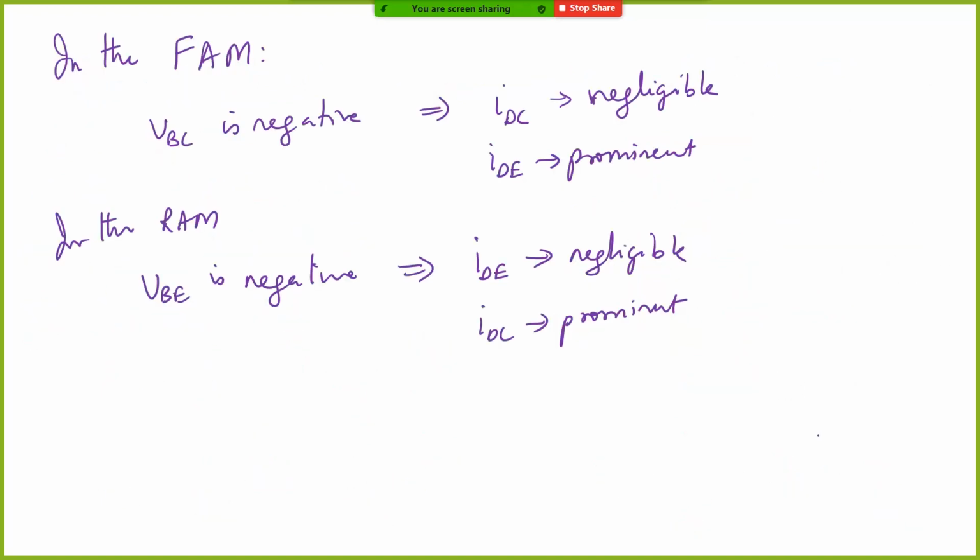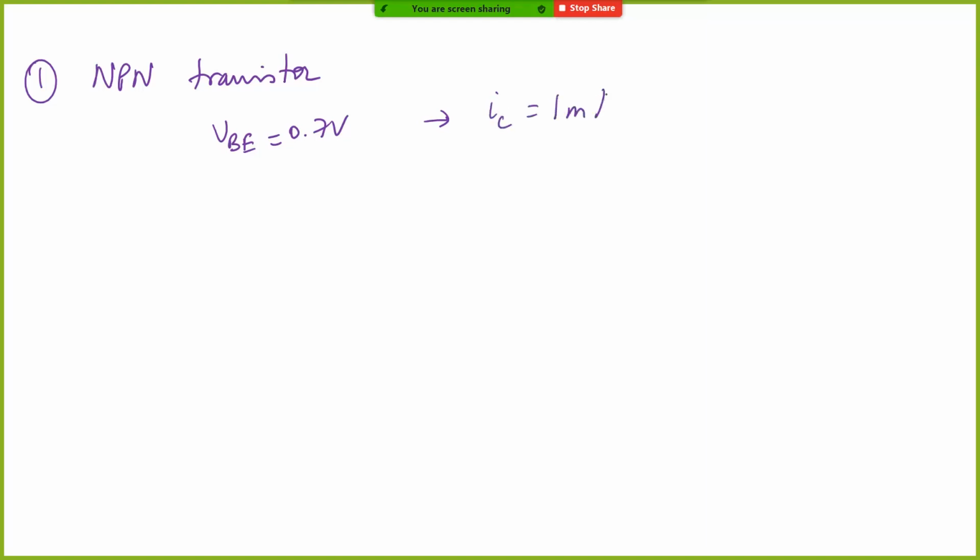Before that, are there any questions, doubts? If there are no questions, let's try to solve at least one problem today. Let's say we have an NPN transistor, and for a VBE of 0.7 volt, you get a collector current IC of 1 milliampere.